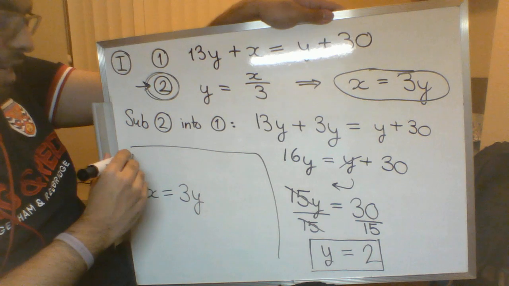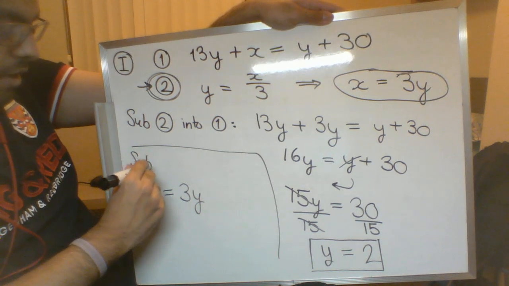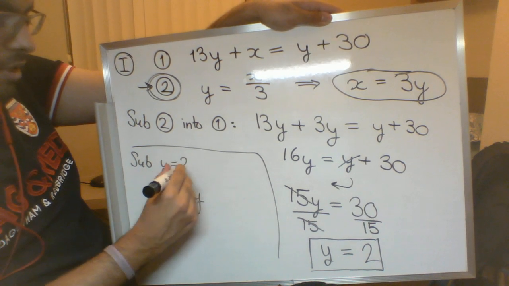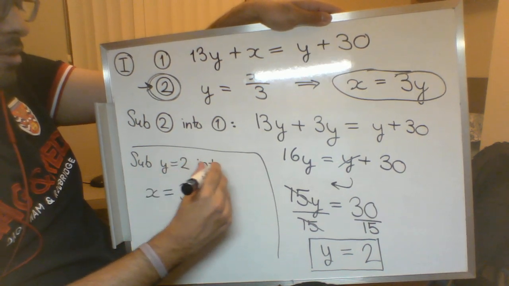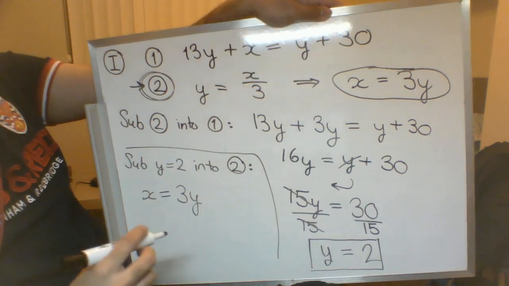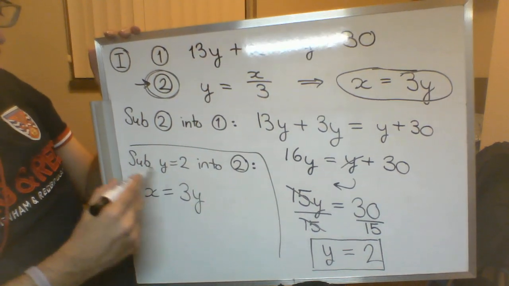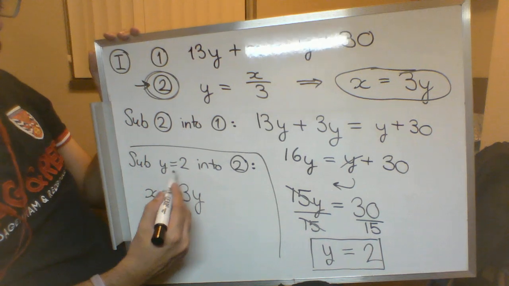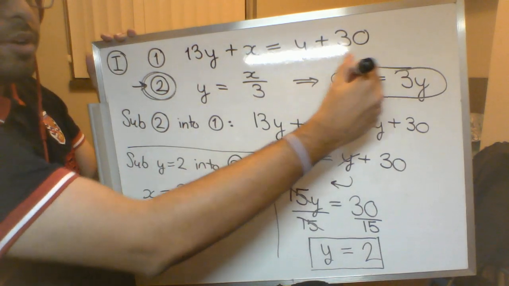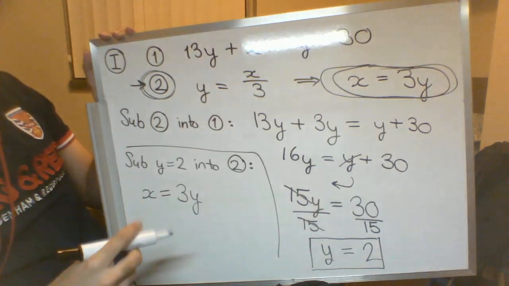If you wanted to make a statement to explain your answer, you could say sub y equals 2, because that's the answer that we got, into equation 2. That's what we're doing now. If you wanted to explain it with words, you're subbing in y equals 2 into equation 2. And this is our equation 2, or at least our new equation 2, if you will.